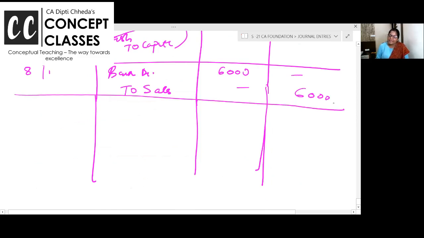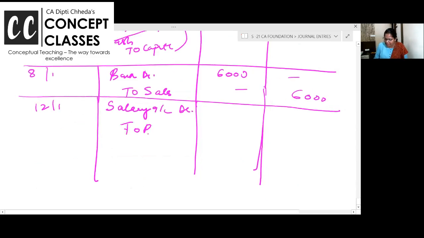6,000. Paid salary to Mr. X. When you pay salary to a person, don't write his name. Salary account debit. What is the date? 12th of January. Salary account debit. Debit all expenses. To bank, because bank is the giver of the money for the salary. 1,200.